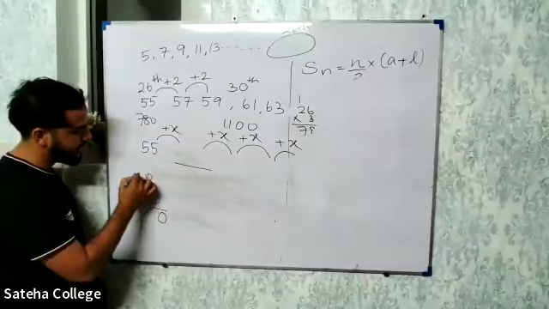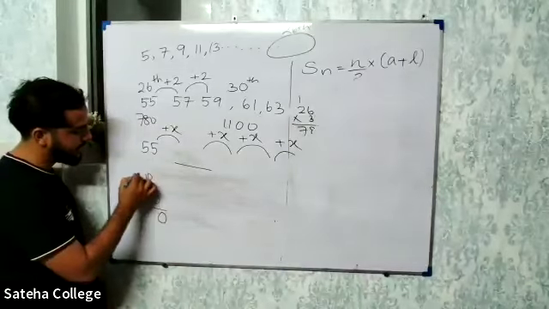Sn is equal to n divided by 2 into a plus l. So the sum of these four terms is equal to the number of terms, 4 now, divided by 2, now your first term is 55 plus x, plus your last term, now 55 plus 4x. Now we know the sum of these four terms is 1100 minus 780, that is 320. 4 over 2 into 55 plus 55, 110, x plus 4x, that is 5x.